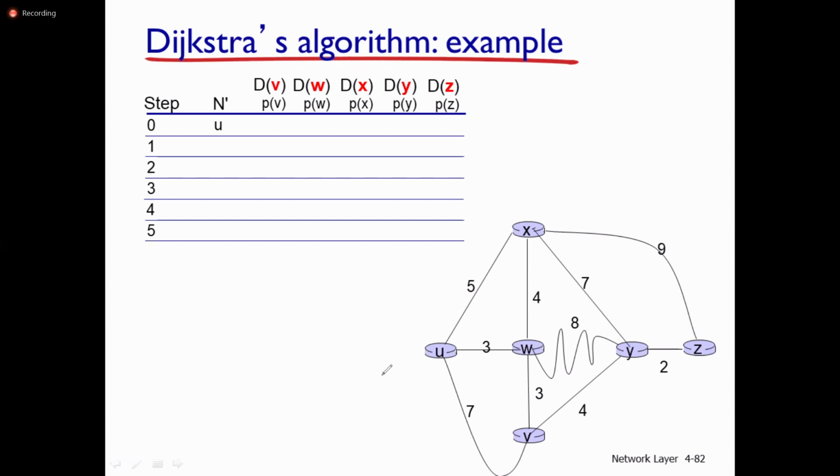So here we are starting at U, right? We have to find the distance to all other nodes from U. If the nodes are immediate neighbors, we will note down the cost, the distance in terms of cost. If they are not immediate neighbors, we will write it as infinite. So U to V, they are directly connected, neighbors.